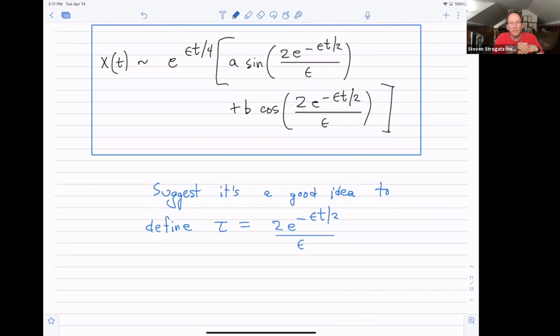WKB has hit upon something really clever that I don't think you could easily guess by just thinking. WKB has uncovered, in fact, the correct time dependence. If you do change variables to this tau, it turns out that the aging spring problem becomes exactly solvable in terms of Bessel functions. It transforms the aging spring problem to the Bessel equation.